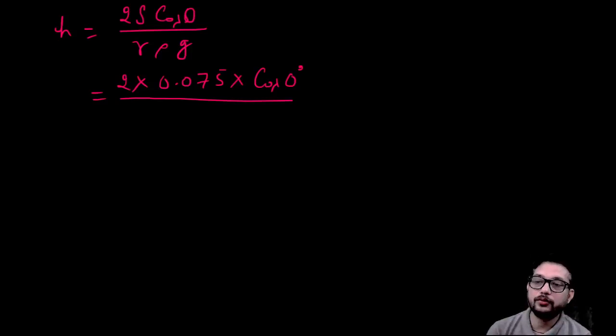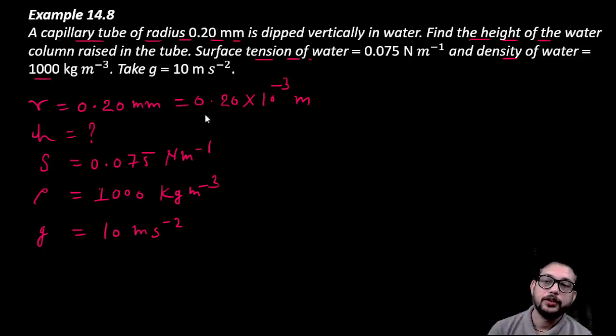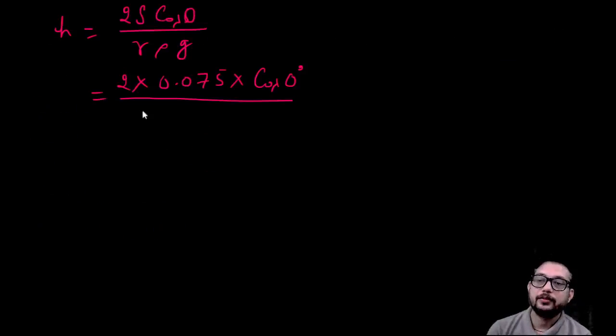Divided by r. So r is also given to you, that is 0.20 into 10 power minus 3. Density is 1000 for water, you know, and g is 10.